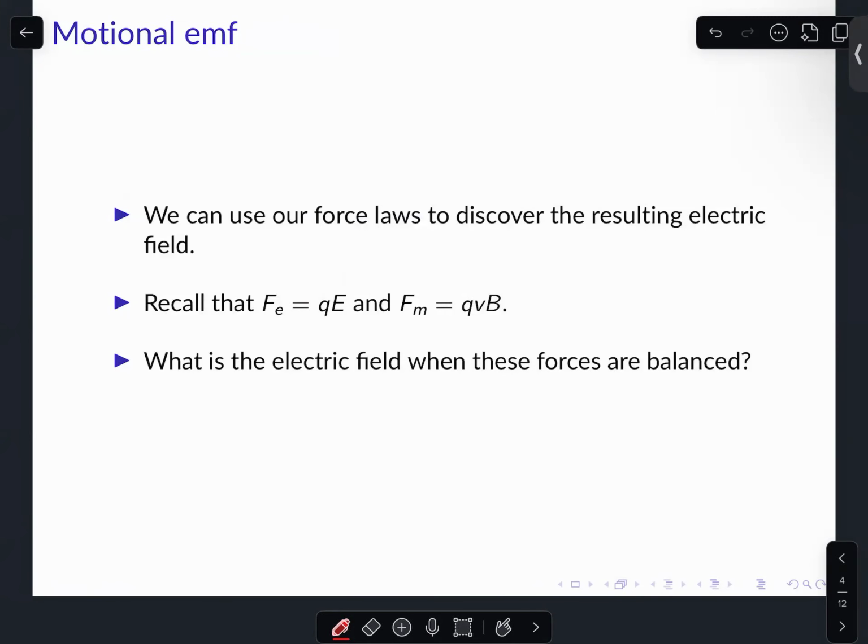So we've got the force formula QE. We've got the force formula QVB. Can you tell me the value of E that you will get when these forces are equal? Do this. Question, what are we at? E in the Google Form. F in the Google Form. Give me an algebraic expression for the electric field when these forces are balanced.